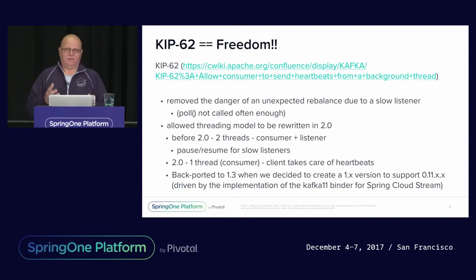And of course, if we call your listener on the consumer thread, then we can't call poll because it's in your code, and the consumer's not thread safe, so we can't interact with the consumer in any other way. So we ended up having to have this dance between 2 threads, one that was polling the consumer, handing the messages over to the listener thread.